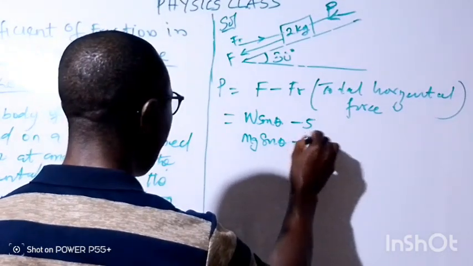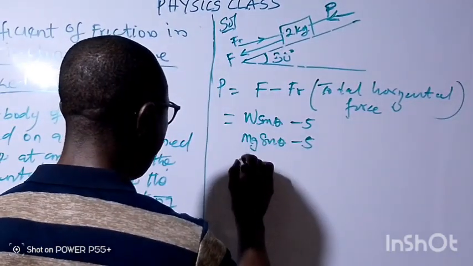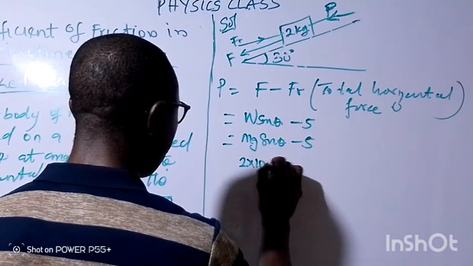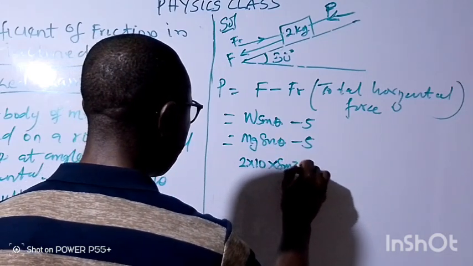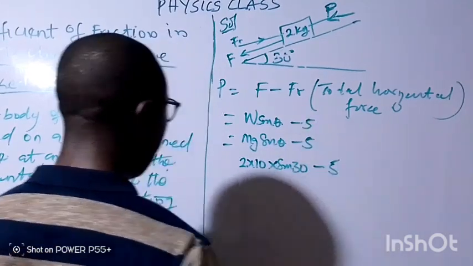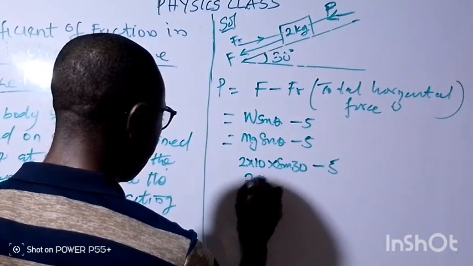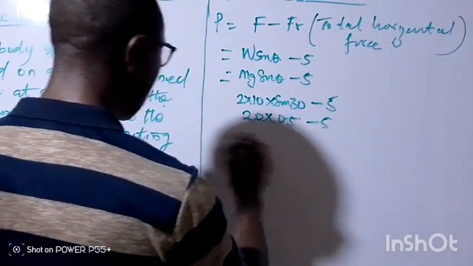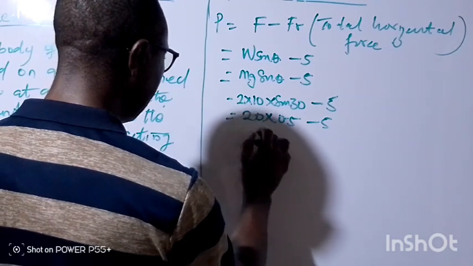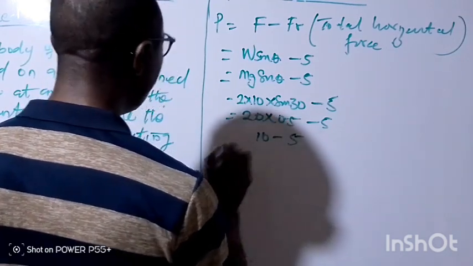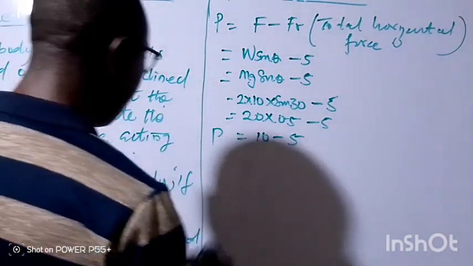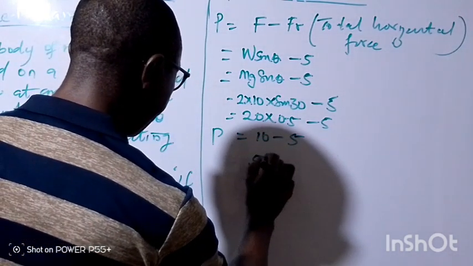That will be m is 2, then g is 10, multiplied by sin 30 minus 5. This will give us 20 multiplied by 0.5 minus 5. So this will give us 10 minus 5. So the force needed will be equal to 5 Newton.